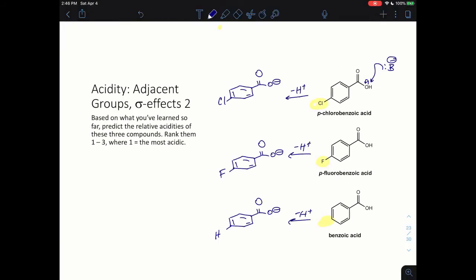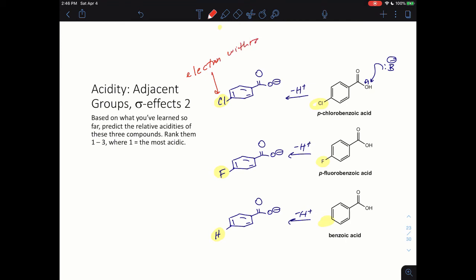I hope you paused and tried this yourself. Let's compare what you came up with to what I have. I have drawn the conjugate bases of each of these species, and you should really think about what is the difference between these molecules. The difference is the presence or absence of a halogen. So we need to be asking ourselves what the role of these halogens is. These halogens certainly are electron withdrawing groups, right?